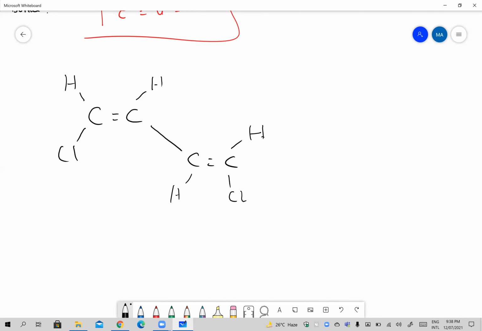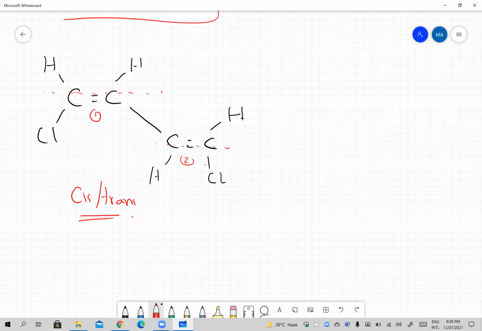If you notice, the first double bond here, the hydrogens are on the same side, whereas on the same compound, the second double bond, the hydrogens are on different sides. So this is known as a cis trans compound.